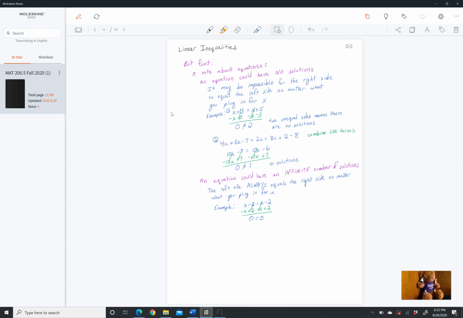So if both sides are equal, and I'll put in equal the same number because notice there are no x's here.